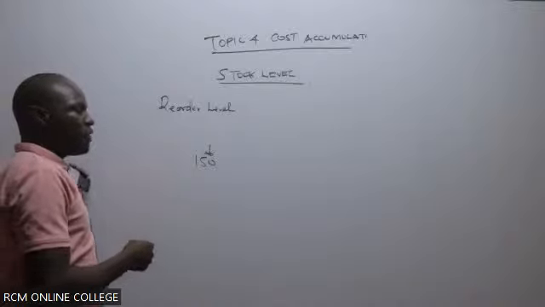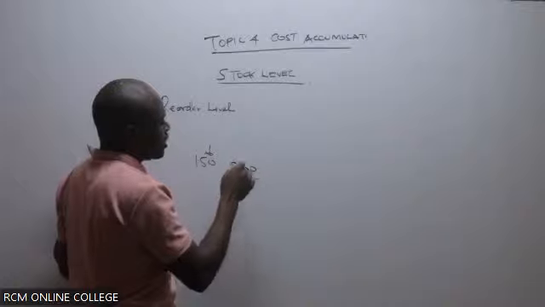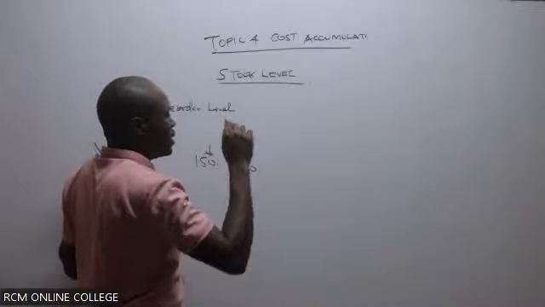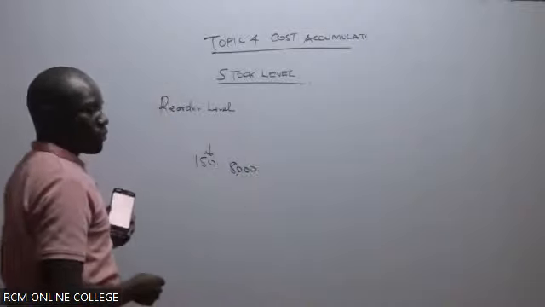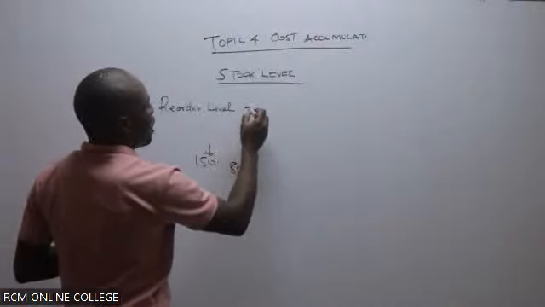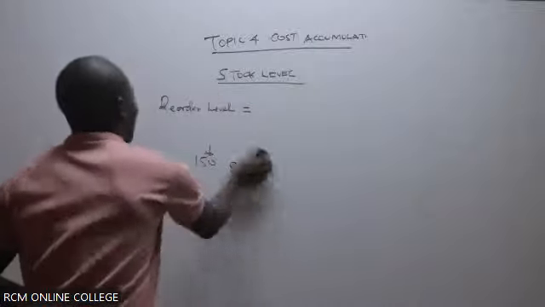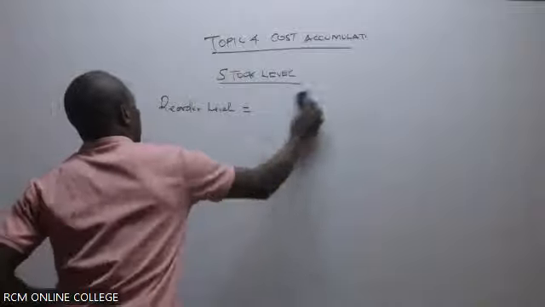Some people have a restocking level of 8,000. Anytime their inventory reaches 8,000, they must initiate a new order. So that's the reorder level of any given company.